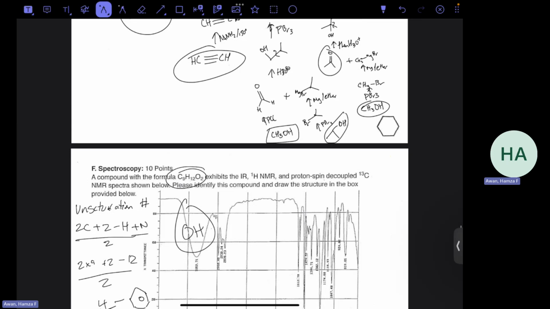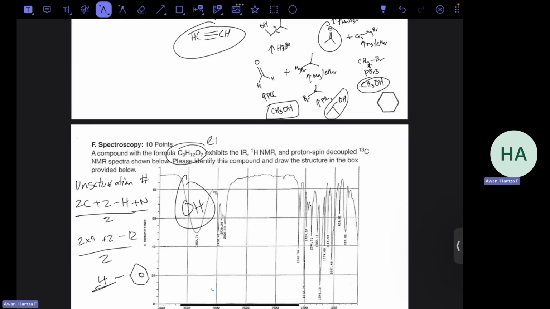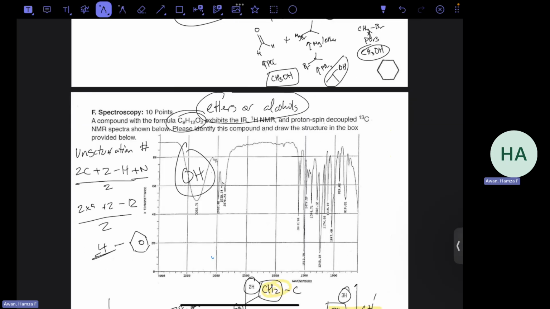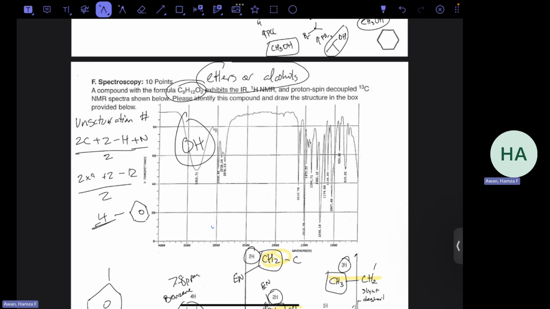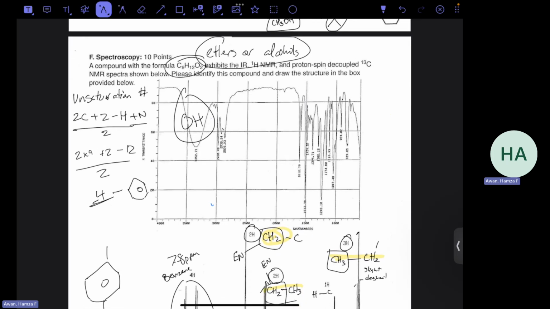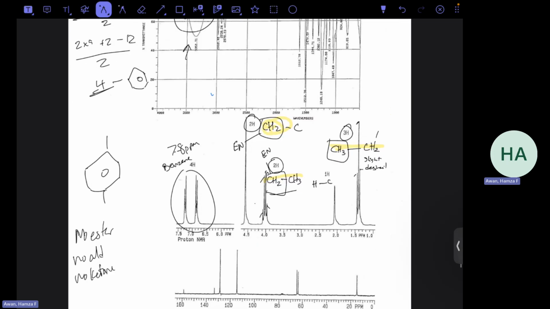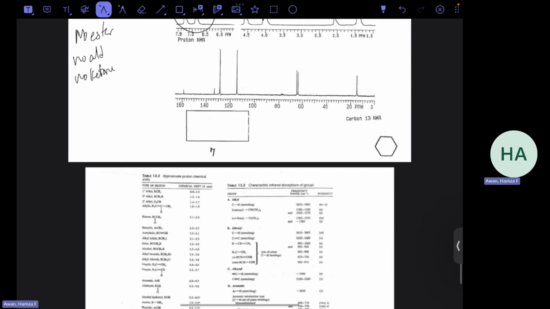That means these oxygens must be either ethers or alcohols. Okay, does that make sense? So we have either ethers or alcohols, right? And because we have that OH peak, we can safely say that we have at least one alcohol in there. Okay, so we just have to figure out where it is.